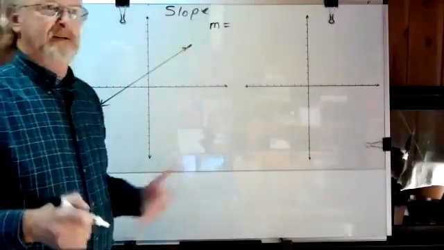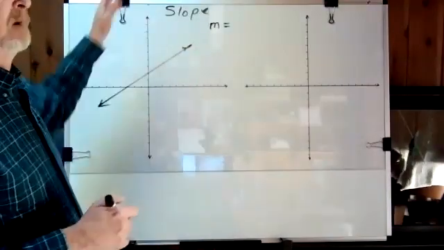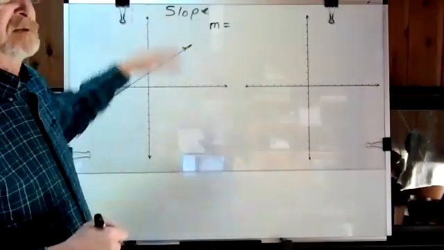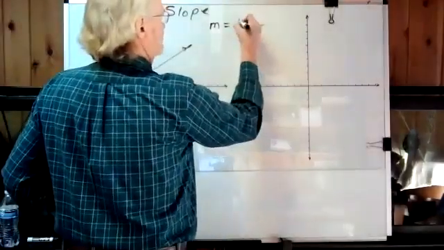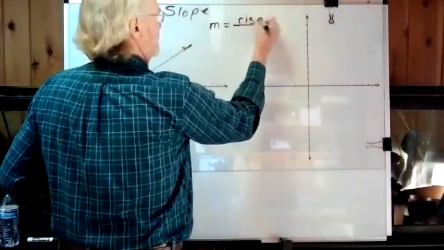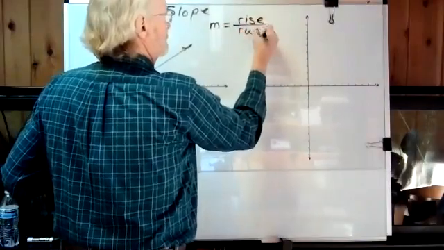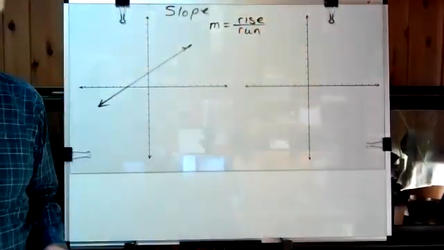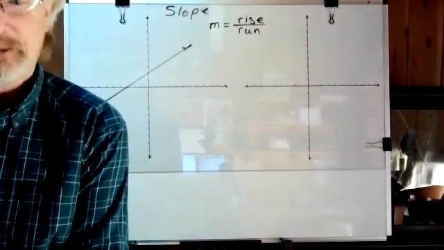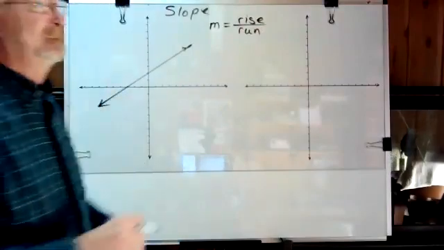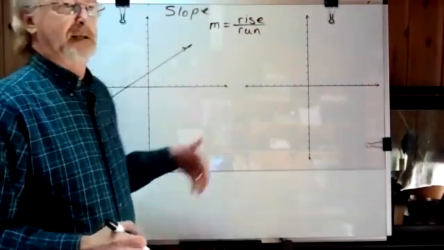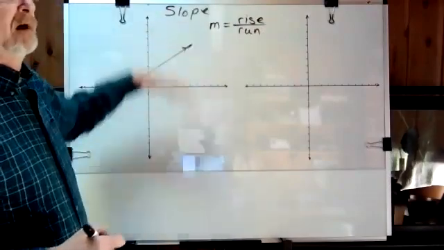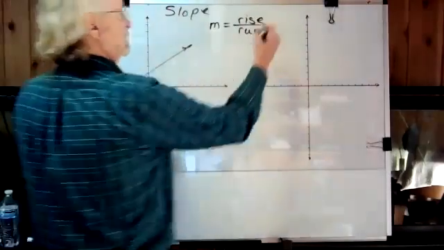Now, I try to speak generally in terms of up and down versus left and right, or horizontal versus vertical, to help us remember that. The mnemonic device, rise over run. Sasha already mentioned that in a post yesterday. How much did the value on the graph change vertically?